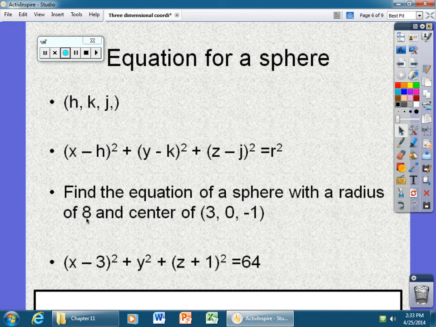I've got the radius of 8. So I just put it into my equation. The 3 goes in for h, the 0 went in for k, and since it was y plus 0, I didn't have to record it, and the -1 goes in for j. So that makes it z plus 1. Here I had squared my radius, so radius squared, 8 times 8, or 64. This is the equation of a sphere, not very much different at all from the equation of a circle, except we add the third dimension to it.